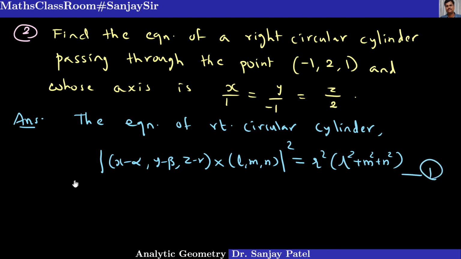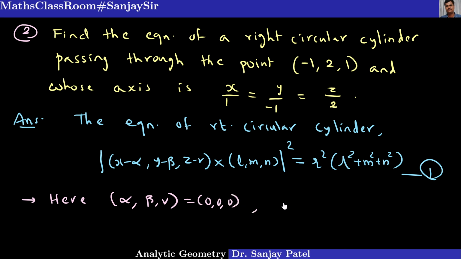Okay. What are the values of alpha, beta, gamma and L, m, n here? In our problem, alpha, beta, gamma is the point through which the axis of the cylinder is passing, which is clearly 0, 0, 0. So I am writing alpha, beta, gamma equal to 0, 0, 0.